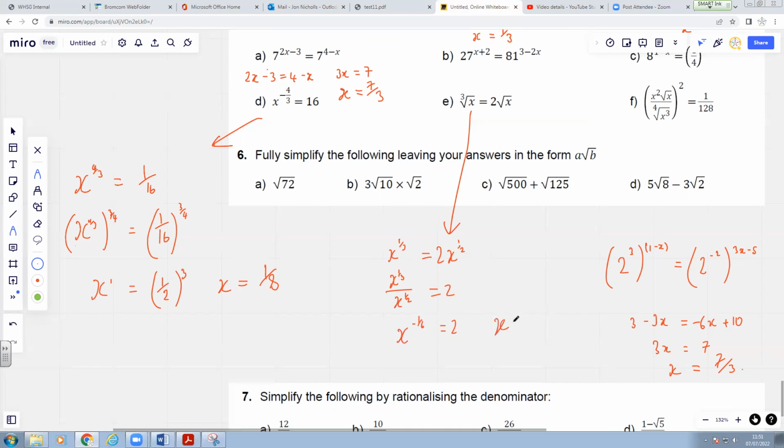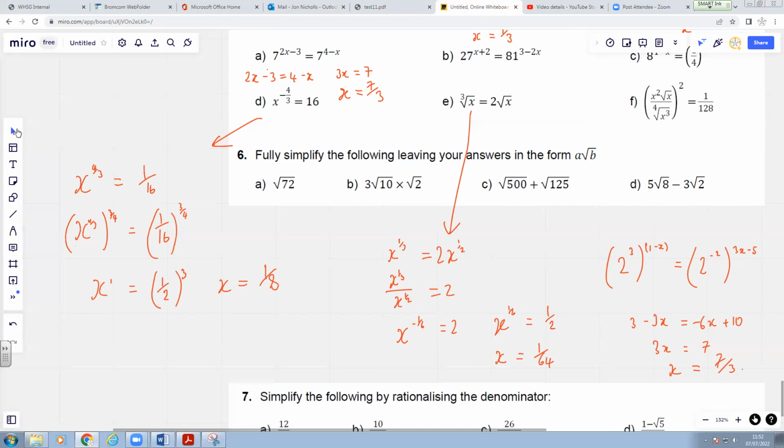And so x to the power of a 6th equals 1/2. And now I need to do power of 6 to both sides, because that will undo my 1/6. If you like, the 6th root of x is a half, and so I need to do a half to the power of 6. 2 to the power of 6 is 64, so I'm going to get 1/64 for x then.